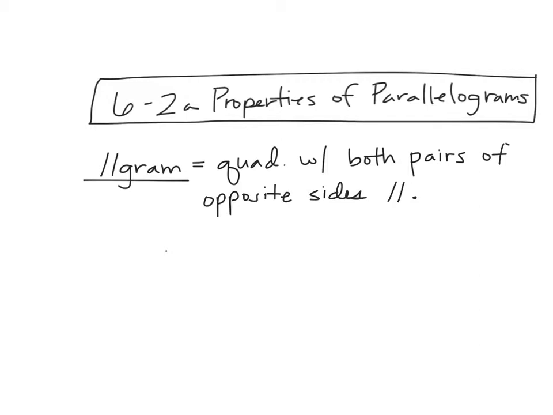Okay. The book often will use a picture for parallelogram, so you can do that to represent a parallelogram, instead of writing the word. If you want to just use the symbol, that's great, okay?